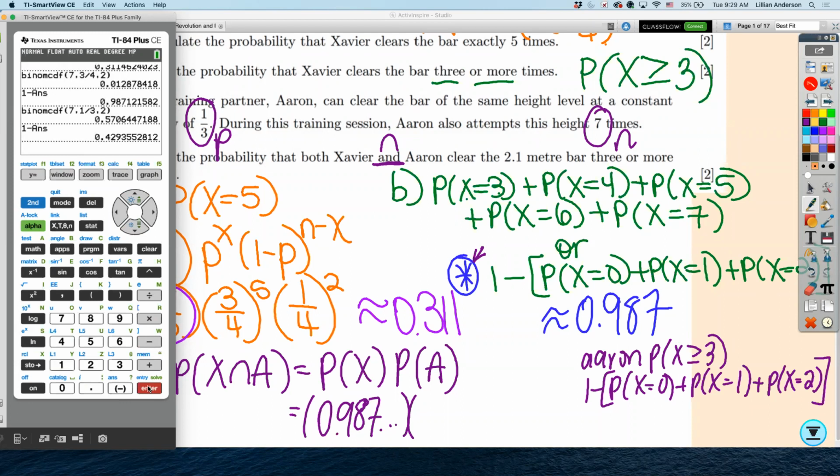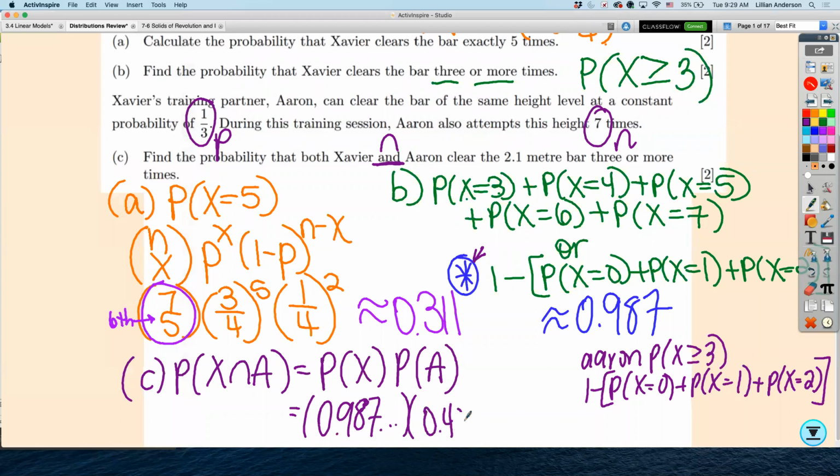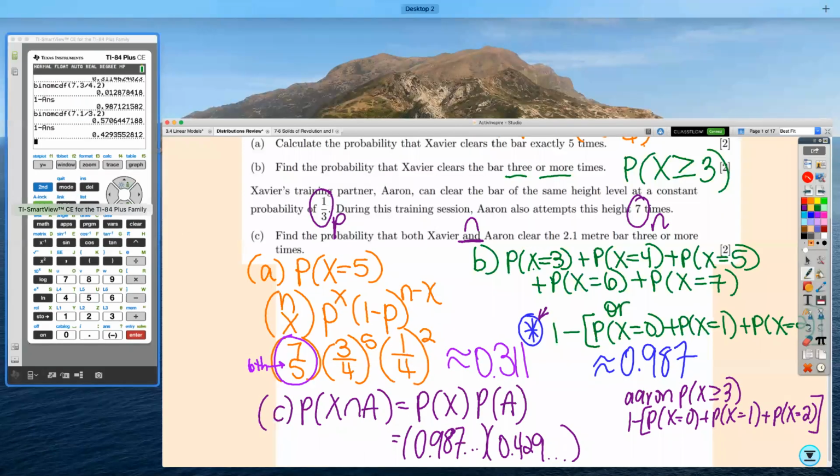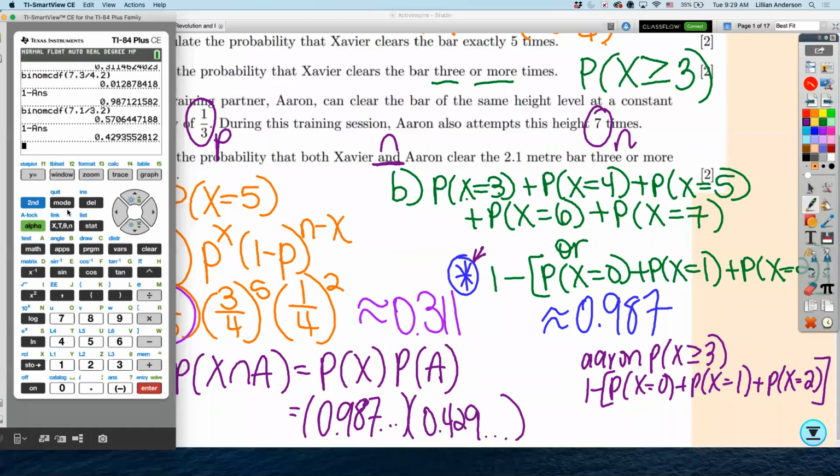That's the probability of Aaron clearing the bar 3 or more times. So I take these two numbers, the non-rounded answers, of course, and I multiply them together. This one was Aaron, and this one was Xavier. So my final answer is 0.424.